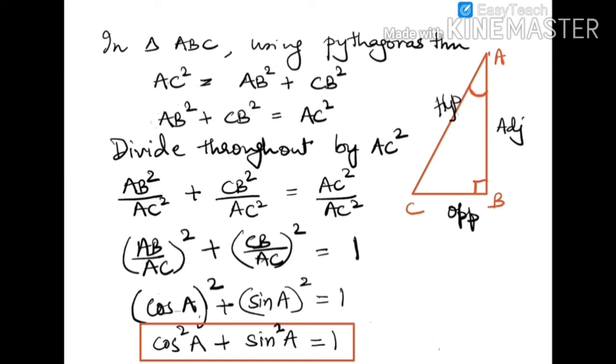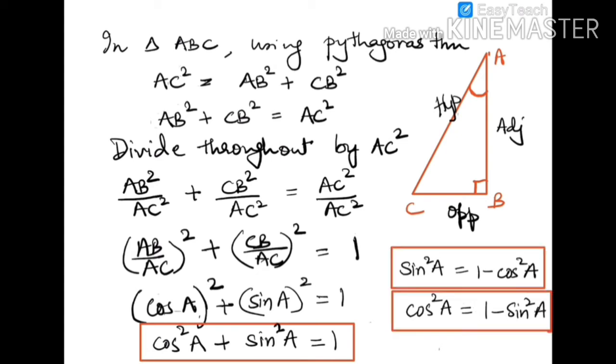Now we can write the same identity in two more ways. If you take cos square A to the right side, we can write sin square A as 1 minus cos square A. Similarly, if you take sin square A to the right side, then we can write cos square A as 1 minus sin square A. We are going to use all three ways in proving the identities later in the exercise.